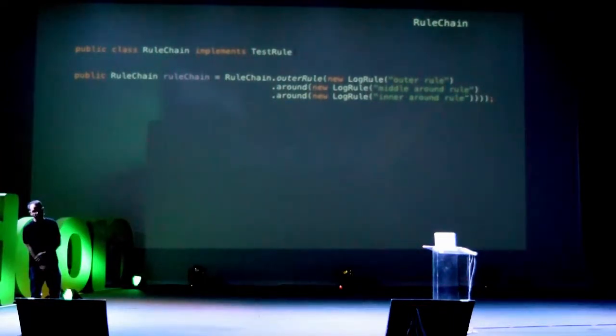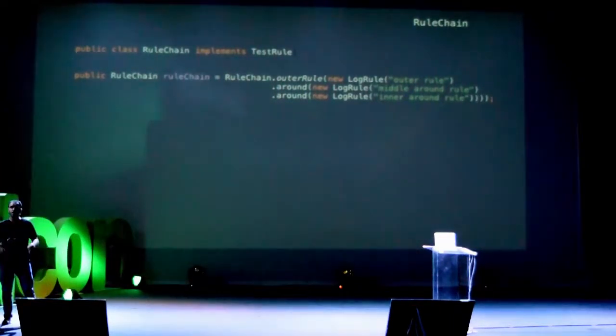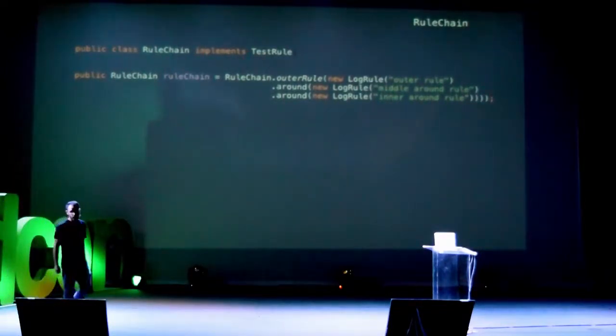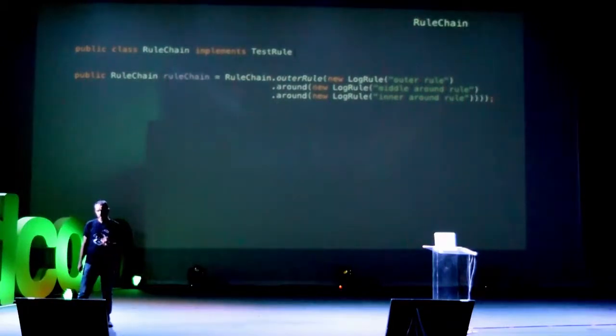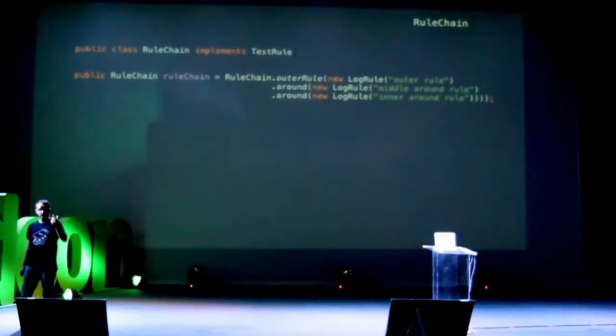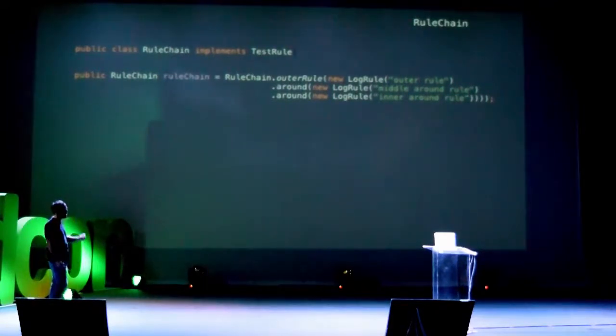The implementation is quite simple: we define an outer rule, and then around this outer rule we define more test rules. In this example, imagine that the outer rule is a local rule whose output is printing the output of the rule: outer, middle and inner.